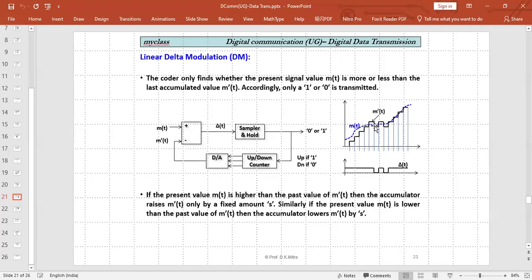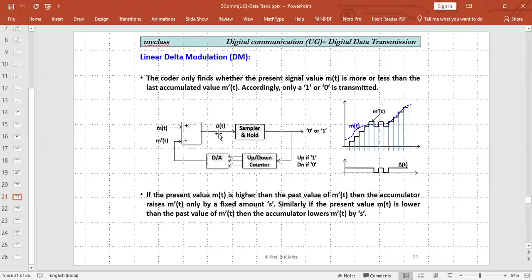Coming here, the output becomes 0 because it is one step down. So anyway, this is delta t, the output of this comparator, right? The output of the comparator is only giving 1 or 0. If it gives 1, that means go one step higher. If it gives 0, that indicates go one step down.